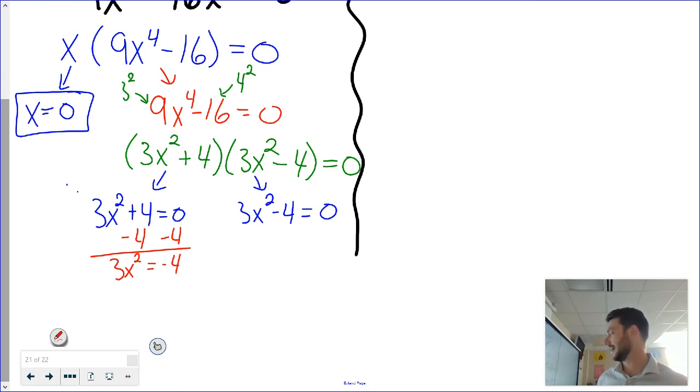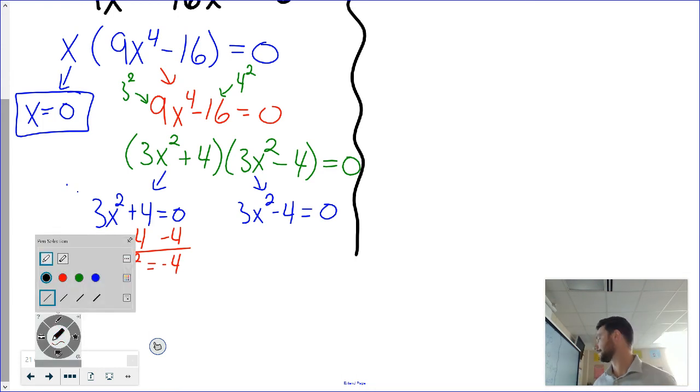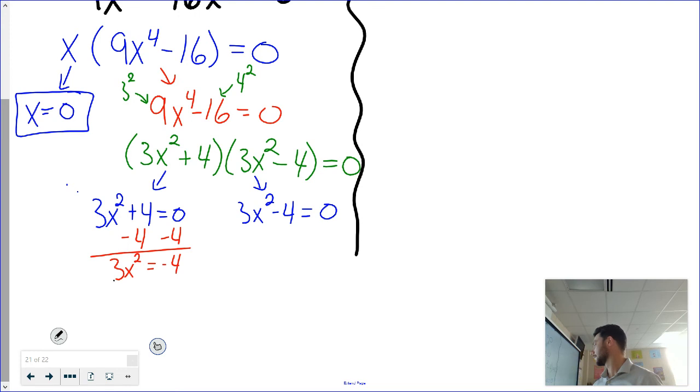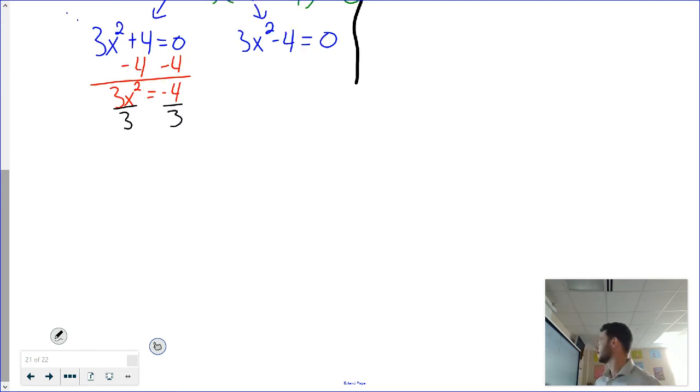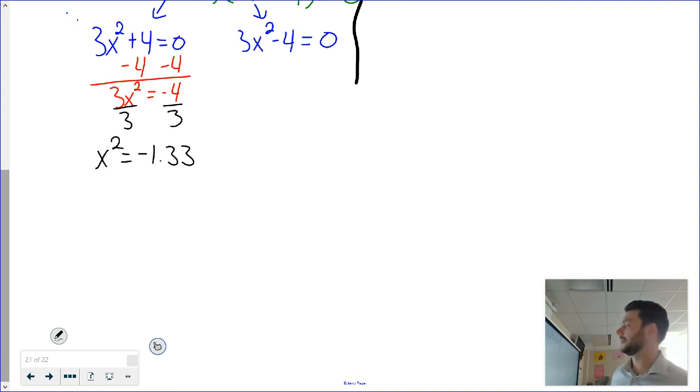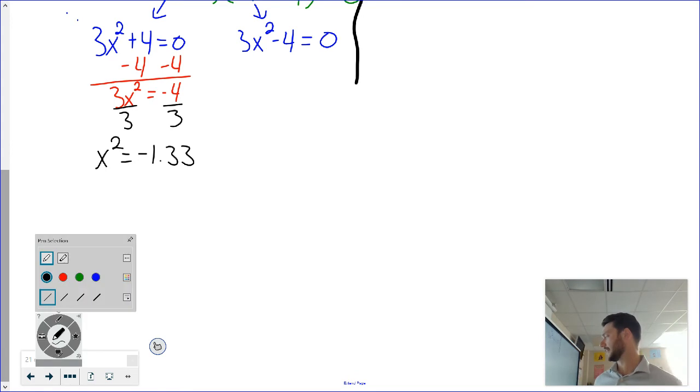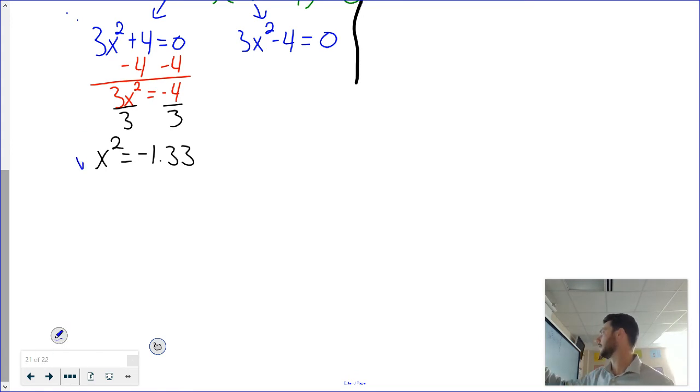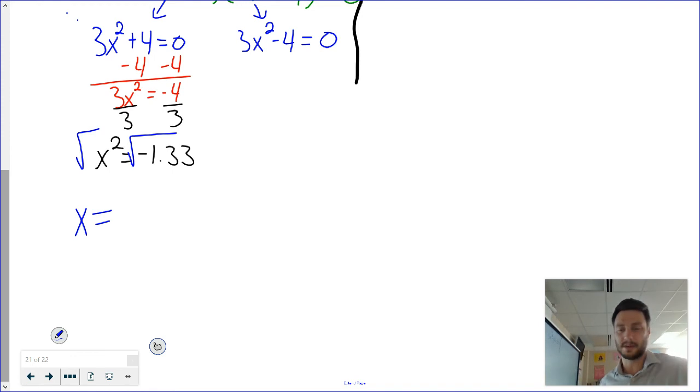And if I divide by 3 on both sides, x squared equals negative 1.33, that repeats a little bit. And if we take the square root of that, x equals, there's a negative there, so we're going to take the square root of the positive 1.33 repeated.